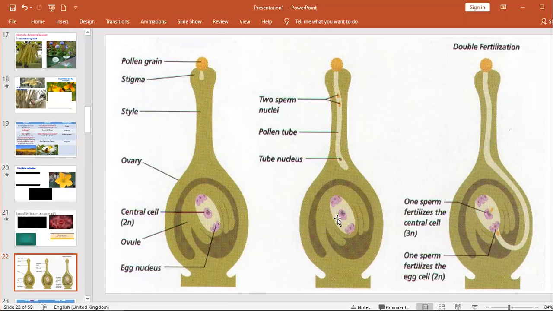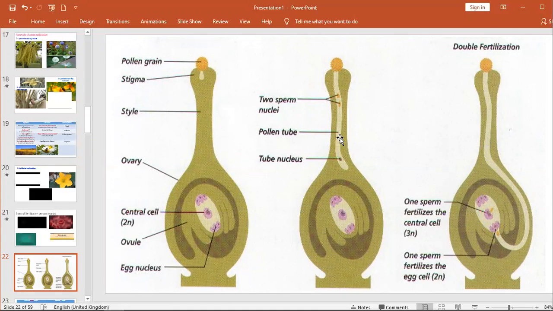All of them are called ovules. Ovules are inside this ovary. The tube extends until it reaches the ovule and passes through this point, this opening, like in this picture. This opening is called the micropyle.